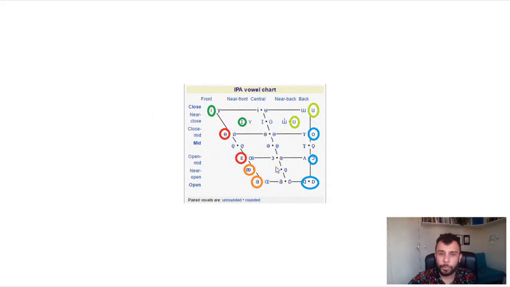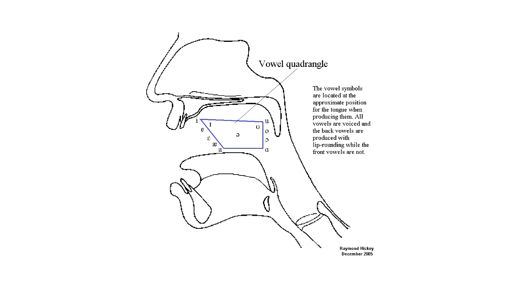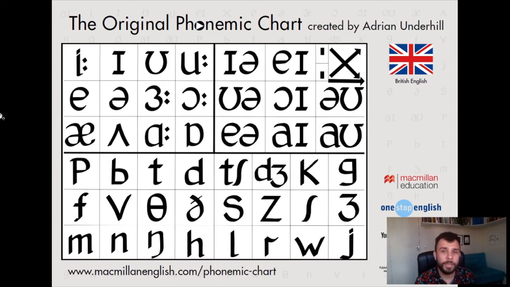So you see that we have this sort of trapeze here that represents all possible vowel sounds that could happen in the space of your mouth, the places that the tongue could move to, right? So in this course, we are looking at the possible sounds in English considering the adaptations made in the phonemic chart because it organizes all possible phonemes in English.